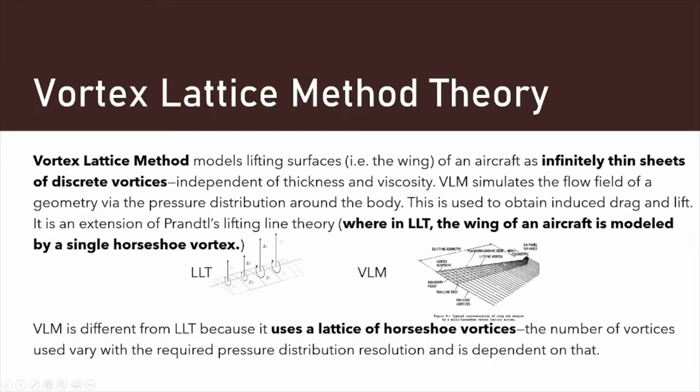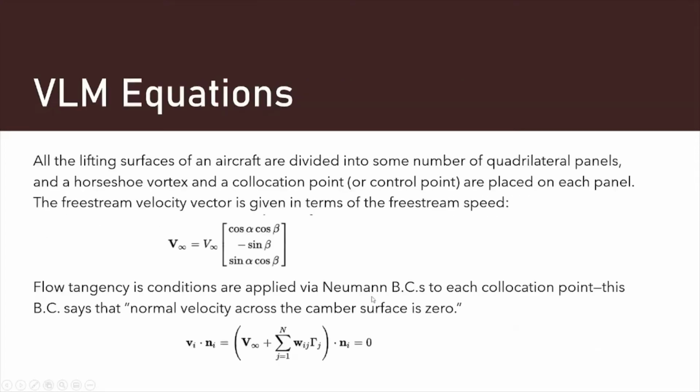Just to be clear, this picture depicts lifting line theory, and this is panel method. Look, there's a pretty little mesh here. Okay, now that I've covered that base, back to the VLM equations. So all of them are divided into a number of quadrilateral panels, as you saw in that picture, and a horseshoe vortex and a collocation point, or control point, are placed on each panel.